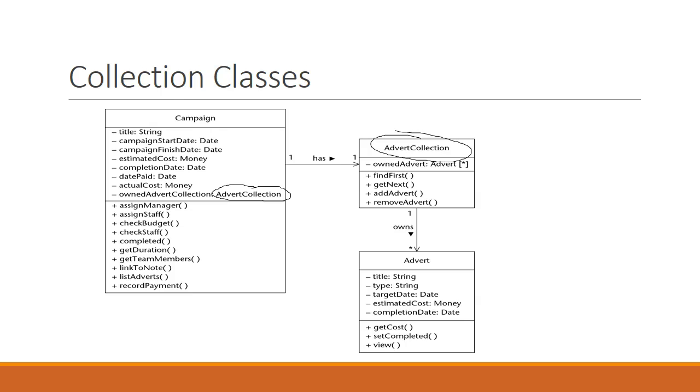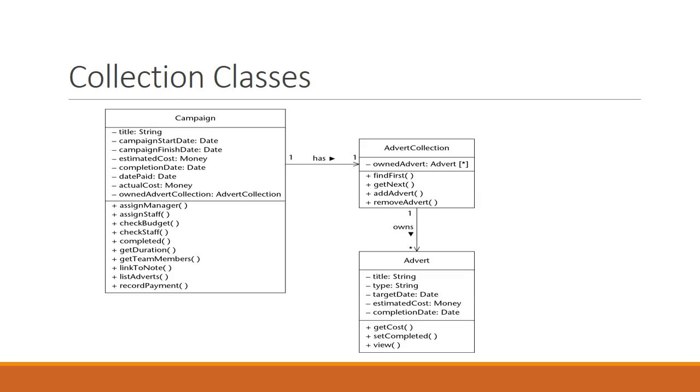Also notice that an advert collection contains multiple adverts, and each advert is in exactly one advert collection. All collection classes will have a number of operations that are meant to manage this collection. In this case, the advert collection supports finding the first advert, getting the next advert, adding an advert to the collection, as well as removing an advert.